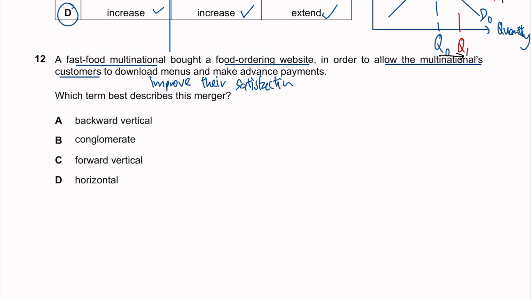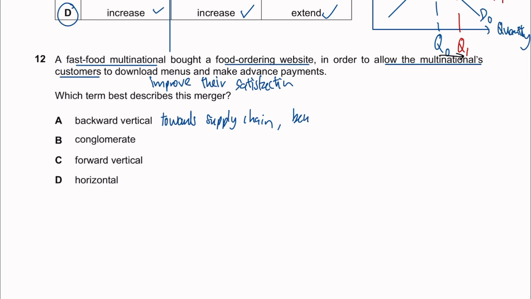Backward vertical integration generally means a company merges with or buys a company that is further towards the supply chain. For example, the multinational company buys a farm that produces chicken, because they need the chicken meat to make the patties.